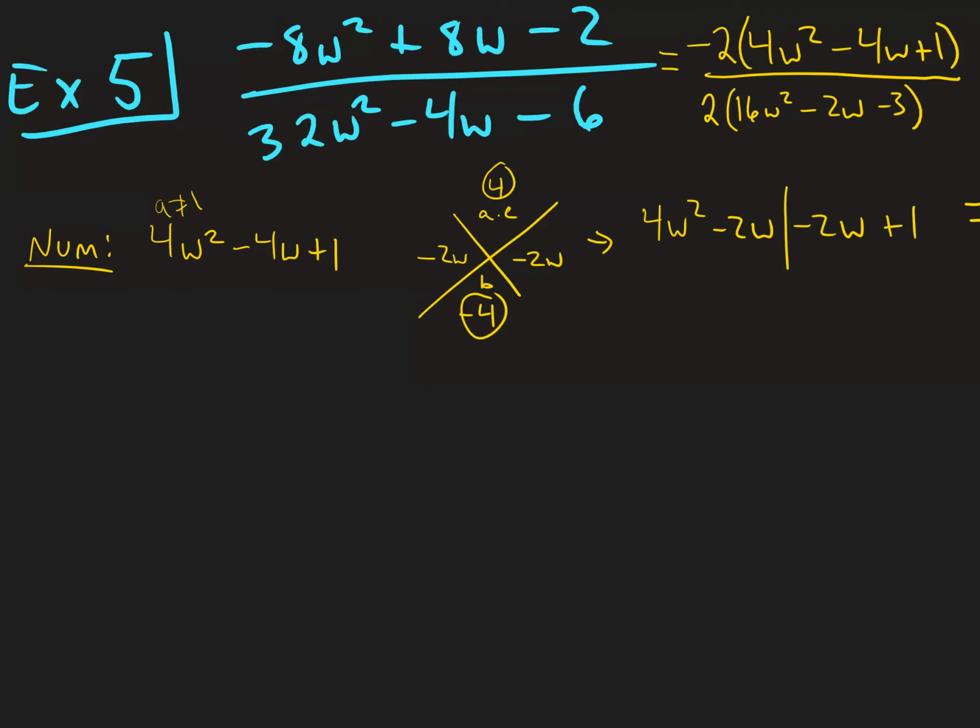Now I'm going to factor by grouping. The GCF, greatest common factor of my first side, is 2w, and I'll be left with 2w minus 1. My second half starts off with a negative, so I'm going to factor out a negative, and that's all that these two terms have in common. So I'll just factor out the negative, which means these two are going to change signs to w minus 1.